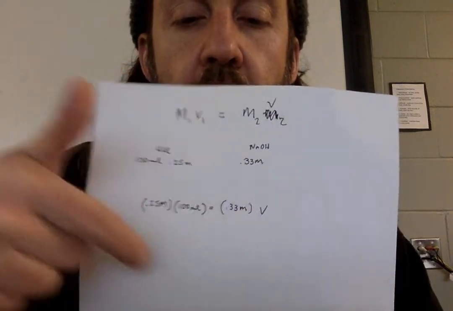And so all I do is just divide both sides by the 0.33. And since it is a higher molarity than the 0.25, I'm going to bet it's going to be less than 100.